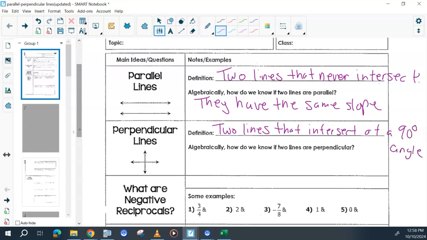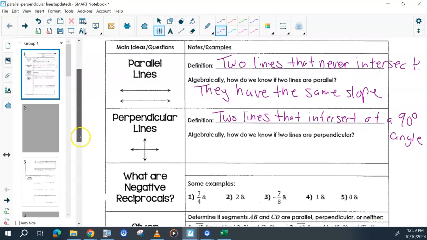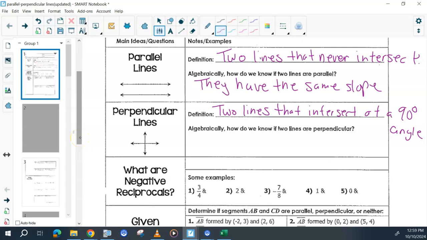So 2 lines that intersect at a 90-degree angle. They make that perfect T. Your X and Y axes are perpendicular lines. Algebraically, we know 2 lines are perpendicular if they have negative reciprocal slopes.